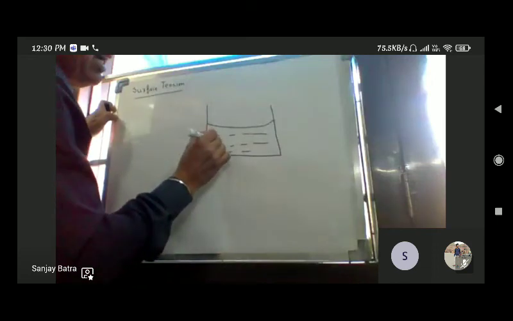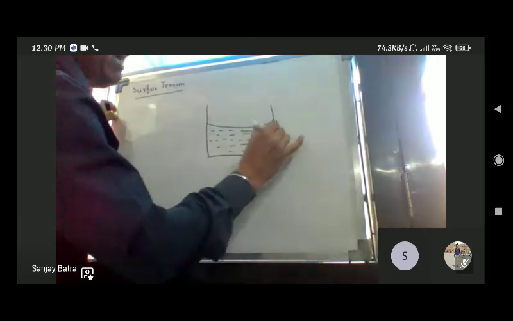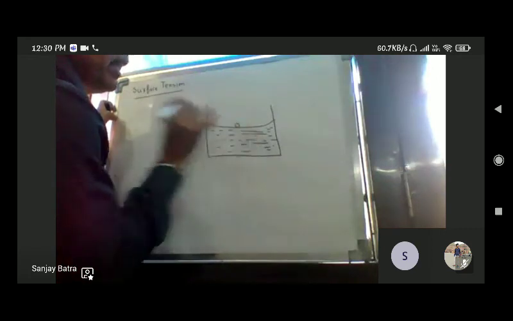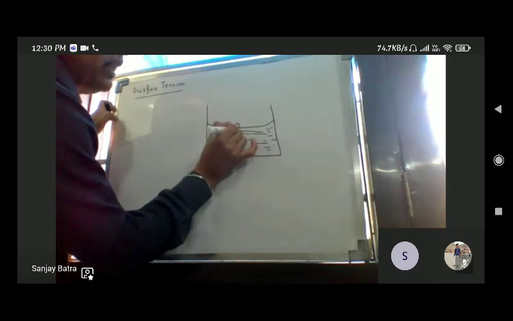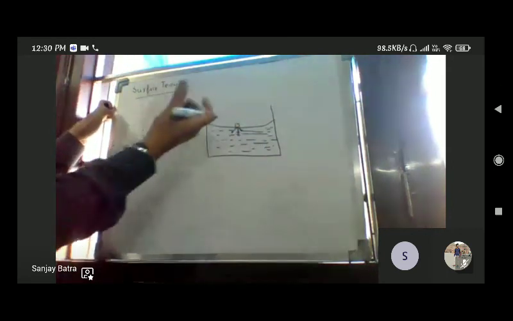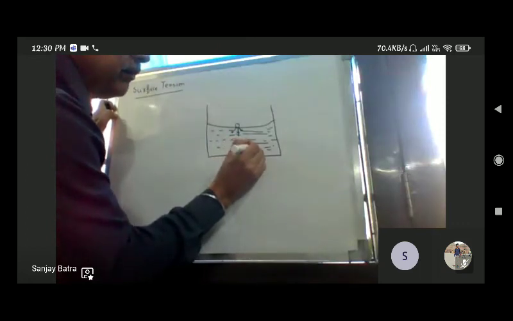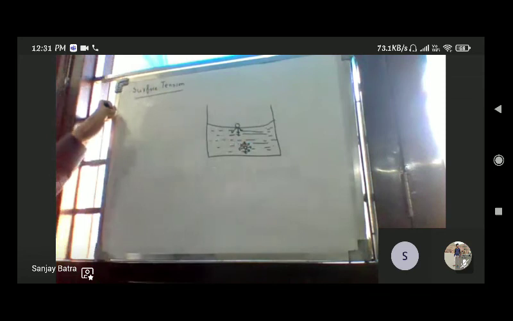So we were talking here about surface tension. Whenever we have water in a container, the molecules on the surface experience inward intermolecular interactions like this. So there is a net inward force which pulls them down into the liquid, whereas molecules which are in the bulk experience force of attraction from all the directions, and net force on the molecule in the bulk is supposed to be 0.